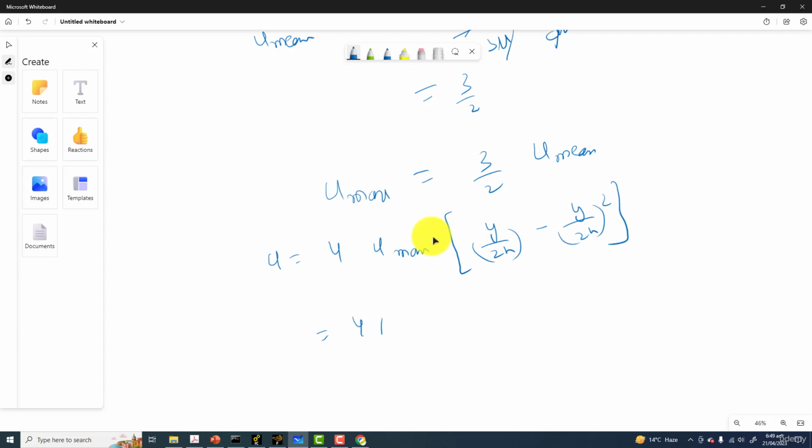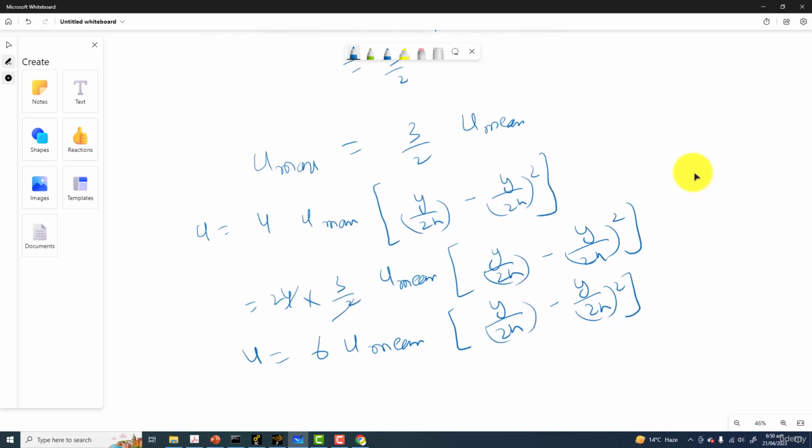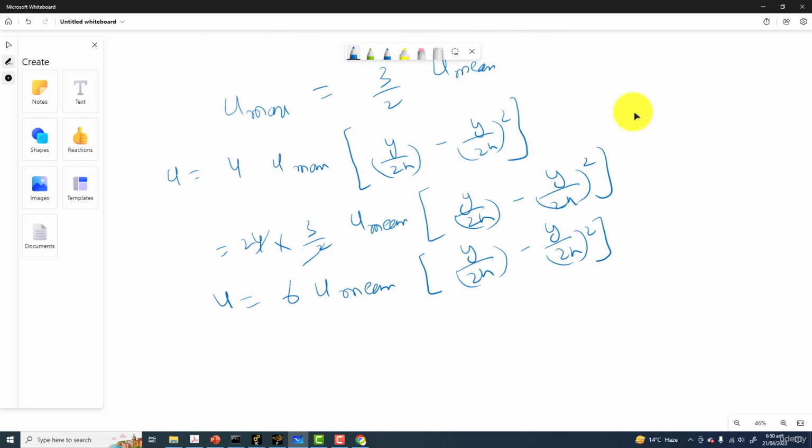So this is 4 into 3 by 2 u mean, and y upon 2h minus y upon 2h whole square. So this is equal to 6 u mean into y upon 2h minus y upon 2h whole square. Okay, so this is the velocity profile when we have the channel length equal to h.